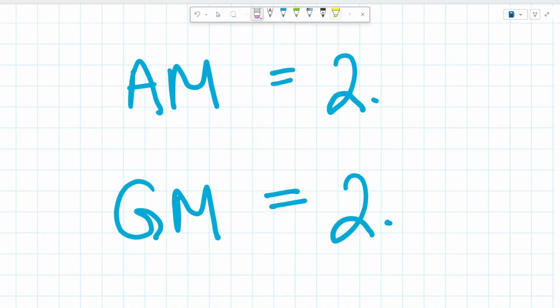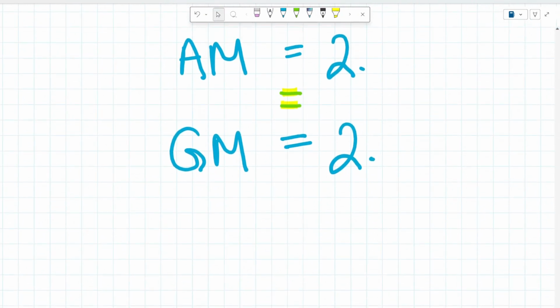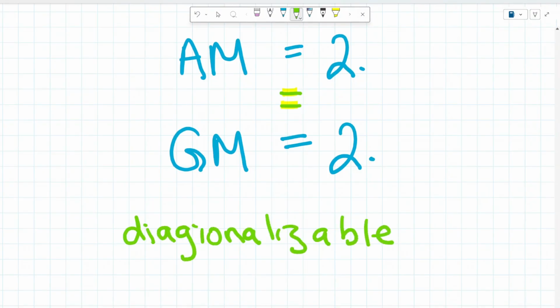However, if algebraic multiplicity is equal to geometric multiplicity, what does that mean? That means that our matrix is diagonalizable, which is exactly what we have in this case. We can see that they are equal, meaning our matrix is diagonalizable, which is awesome.